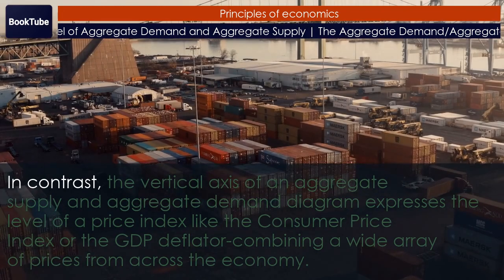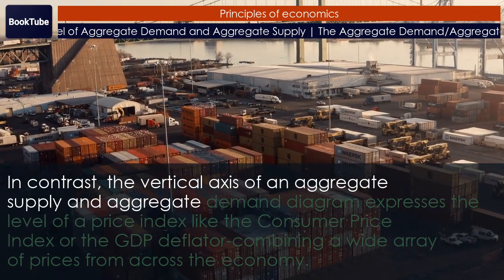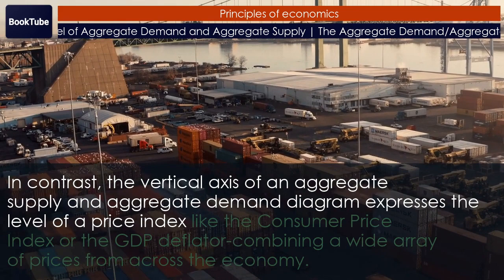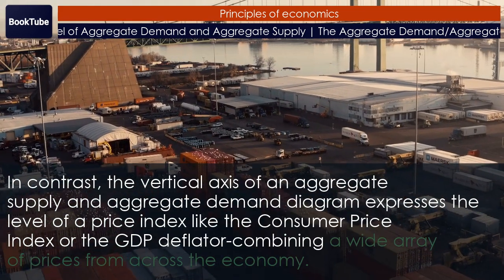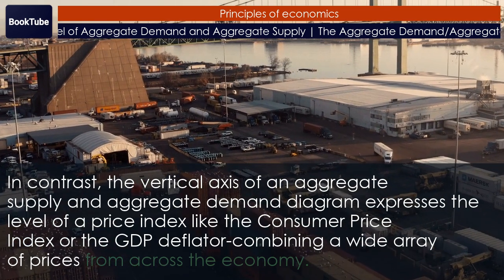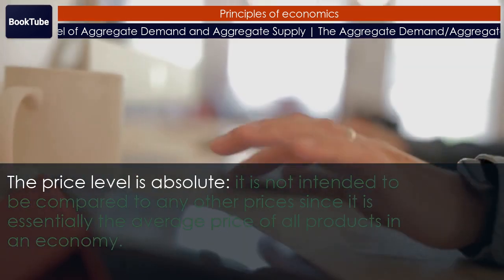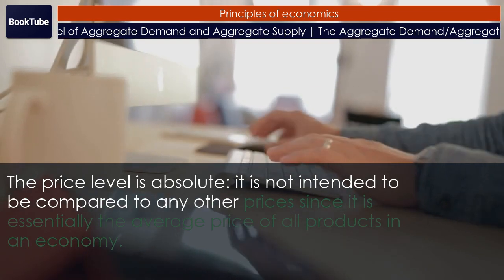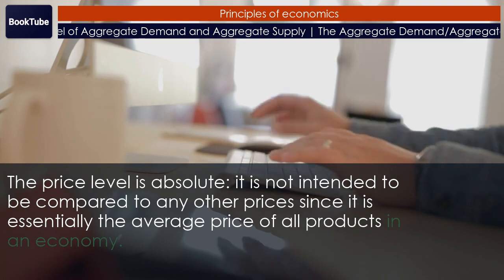In contrast, the vertical axis of an aggregate supply and aggregate demand diagram expresses the level of a price index like the Consumer Price Index or the GDP deflator, combining a wide array of prices from across the economy. The price level is absolute. It is not intended to be compared to any other prices since it is essentially the average price of all products in an economy.